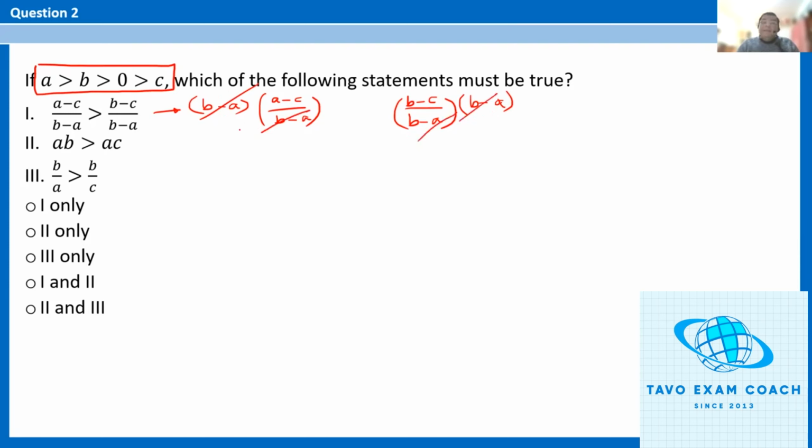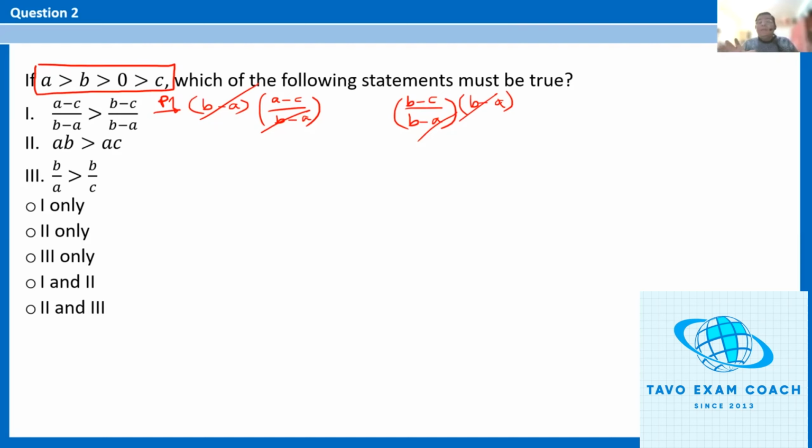But let's be mindful about property number 1. What is property number 1? What does this property have to say? It says that when you multiply both sides of an inequality by a factor, you affect each of the sides of the inequality by the same factor.